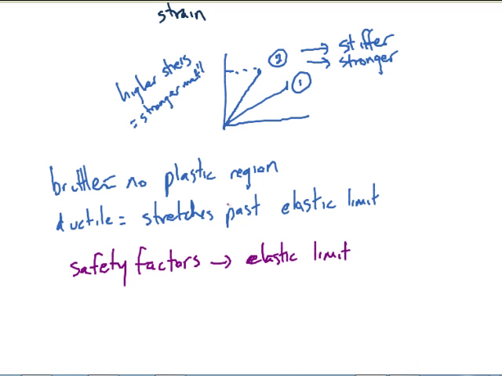Okay, so rather than saying, let's take it all the way up to the breaking point and scale it back, let's just go within the area that we know that it's not going to deform, and then scale it back from there, just as a safety precaution.